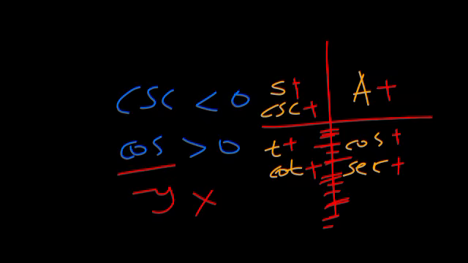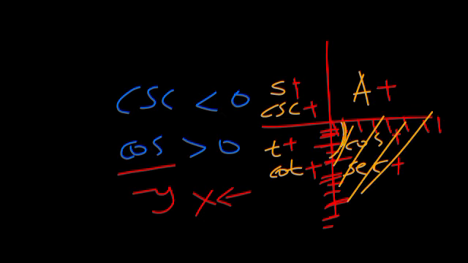Where can we find cos theta, which is x, being positive? It is this region there. So we can see that the terminal angle they are talking about is lying in between. Is it the first, second, third, or fourth quadrant? It's obvious: the fourth quadrant.